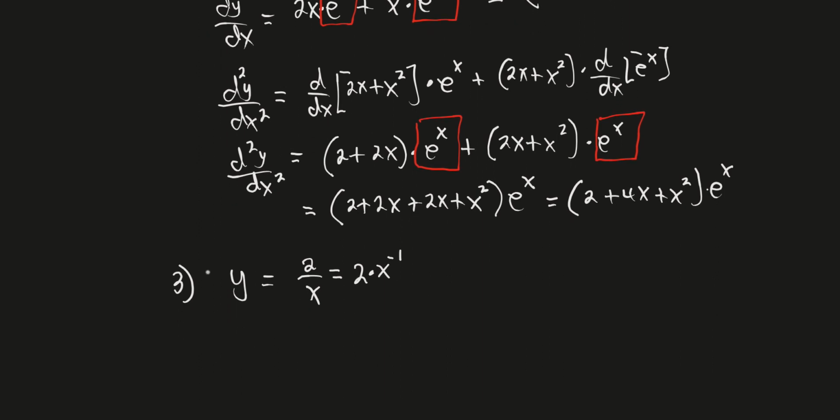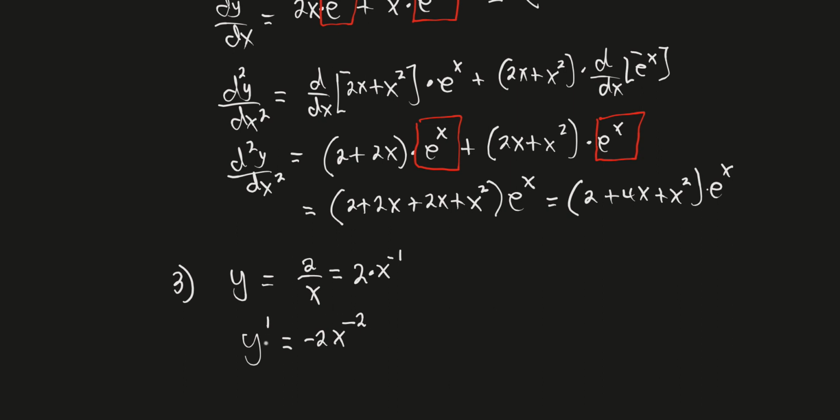And this is what it would look like using the prime notation. So then bring down the negative 1, multiply the 2, so we'll have negative 2 times x, and then subtract 1 from this, and this becomes negative 2. Now, if we were stopping at the first derivative, and let's say we wanted to write our final answer without negative exponents, then we can use the same property that we used here and rewrite that term.